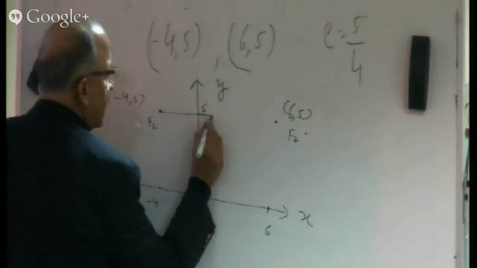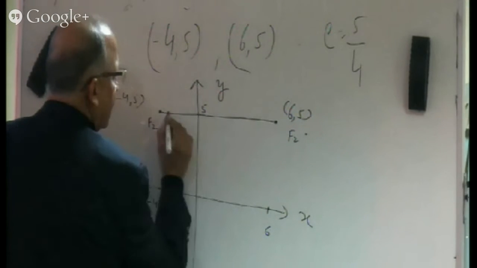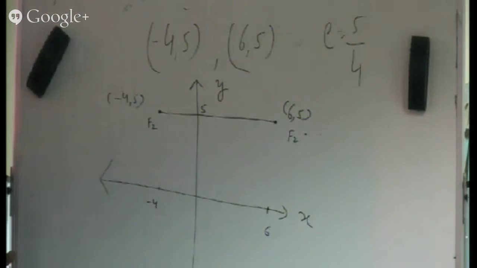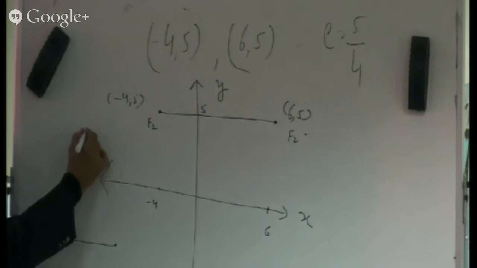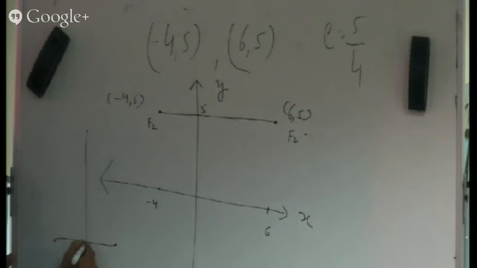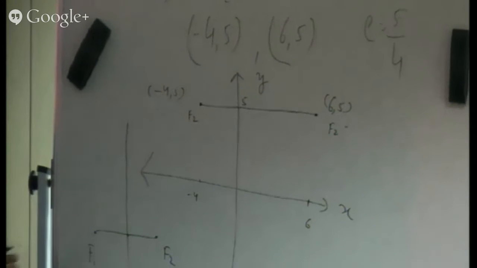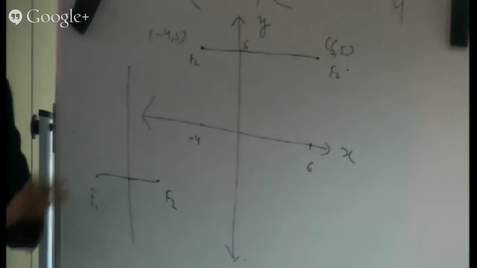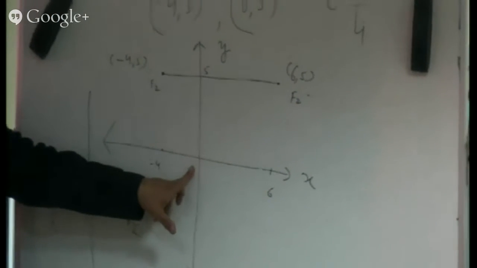So this is the line joining the foci. If somebody tells you that a point is here, a point is here, and these are the two foci, that means the center is somewhere here. Both the foci, F1 and F2, are at the same distance from the center of the hyperbola. In this case, the center is not the origin.